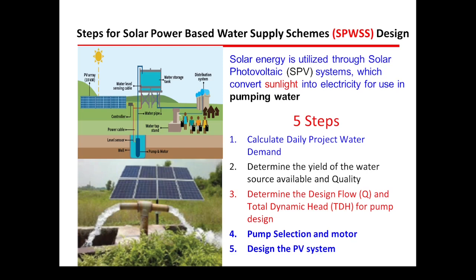Then the second step is to determine the yield of the available water source and its quality. Here I mean that you should understand your water source capacity by conducting a pumping test, and also carry out a water quality test to check whether the water complies with the standards.